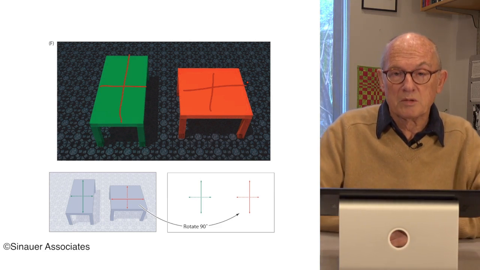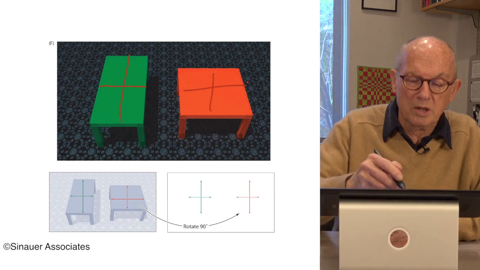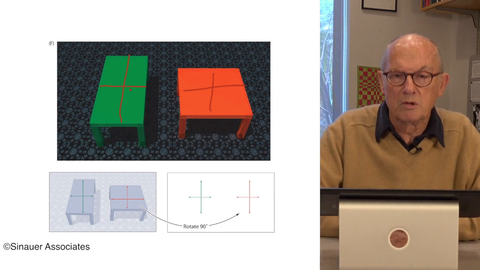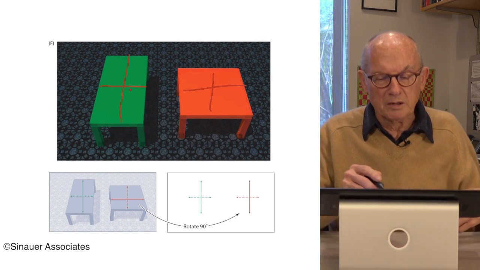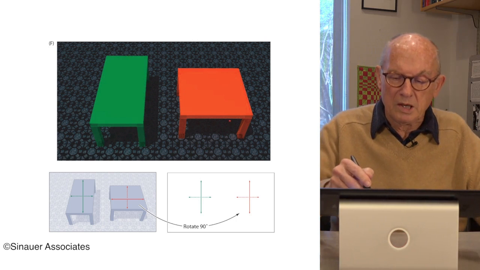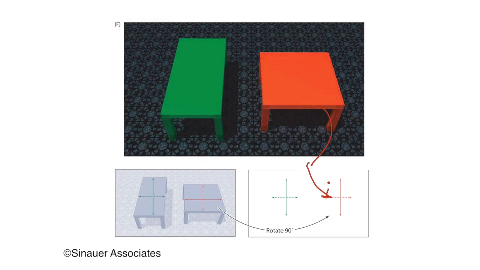It would be hard to imagine that these two surfaces, the green surface on the left and the red surface on the right, are identical. But in fact, they are identical. If you take this table and rotate it 90 degrees, the length and breadth of these two tables are exactly the same. Again, you can take a ruler and verify this for yourself.